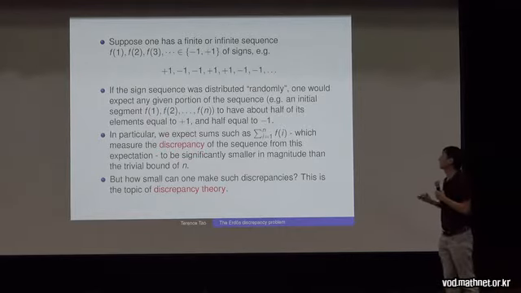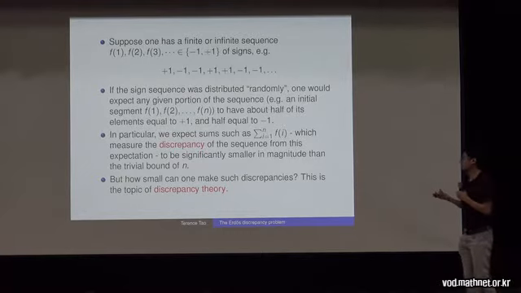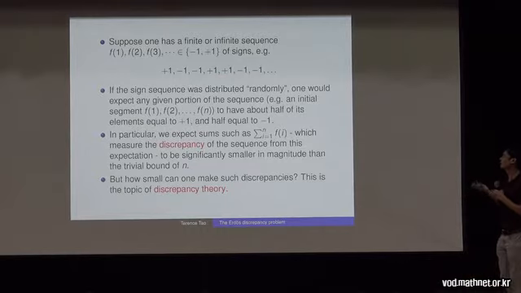We call the discrepancy of a sequence, roughly speaking, a measure of how much cancellation there is in the sequence. You add up all the elements of the sequence in some set, such as an initial segment, and you see how large these sums are, and these sums we call the discrepancy.